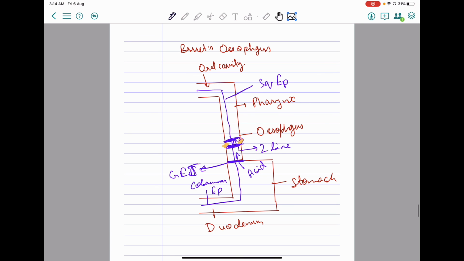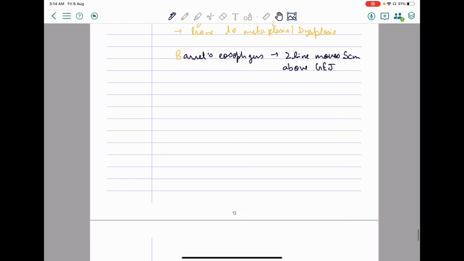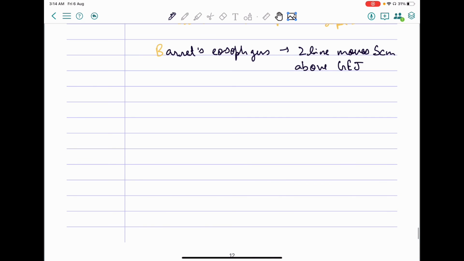Now, a very important thing in the exam. First of all, which type of metaplasia will Barrett's esophagus be called? Gastric metaplasia, or you can say intestinal metaplasia.